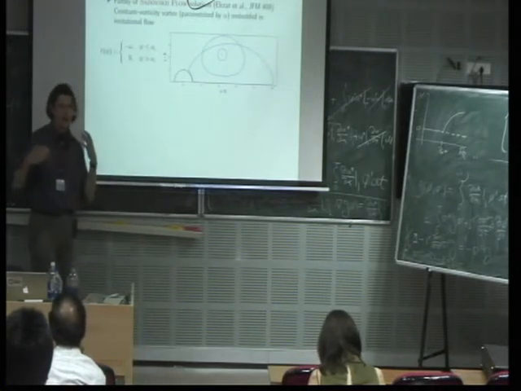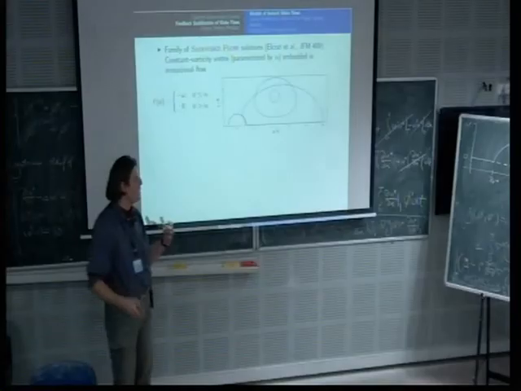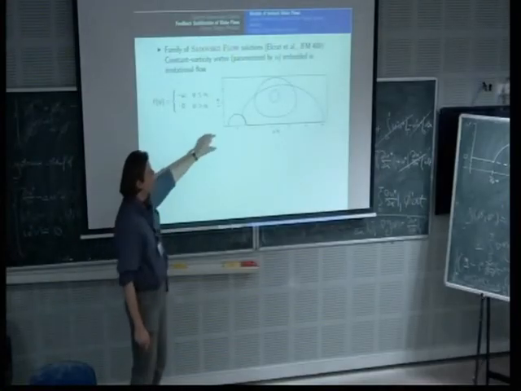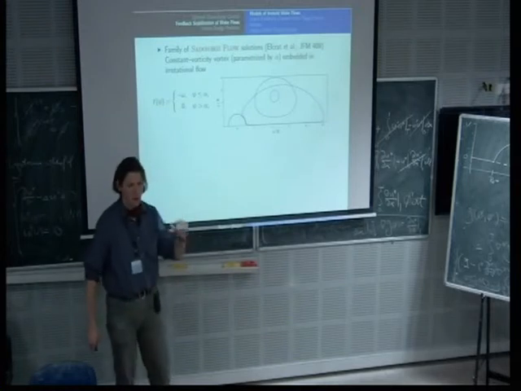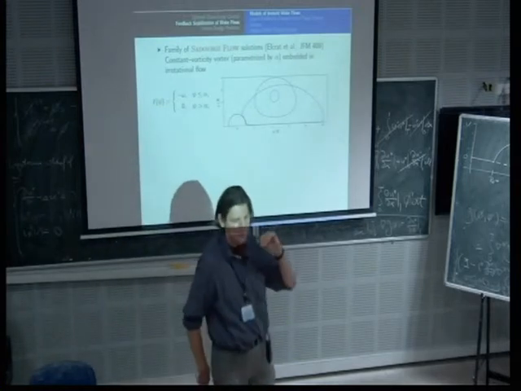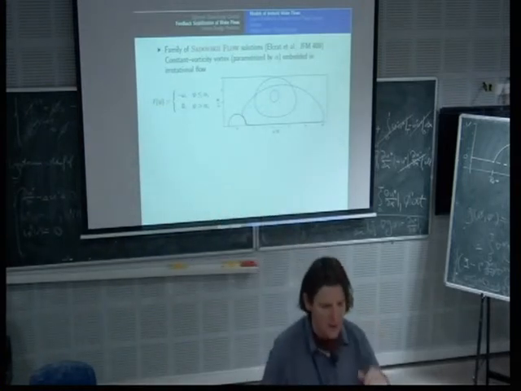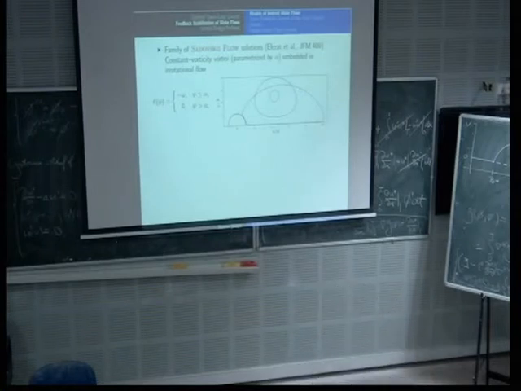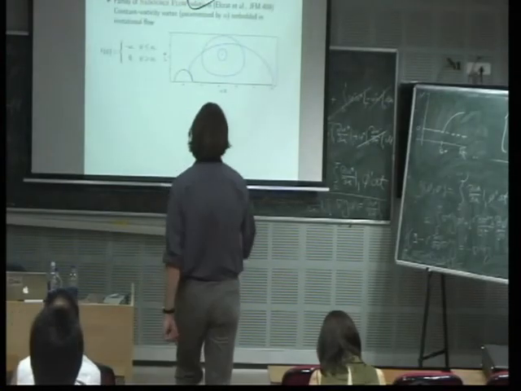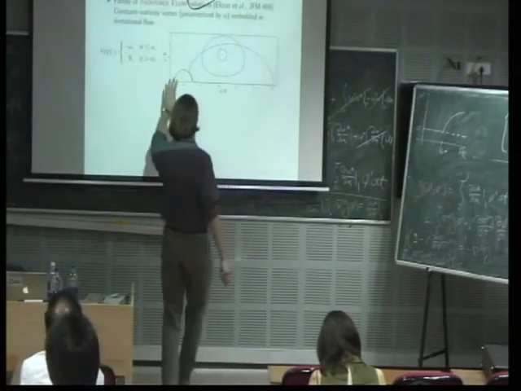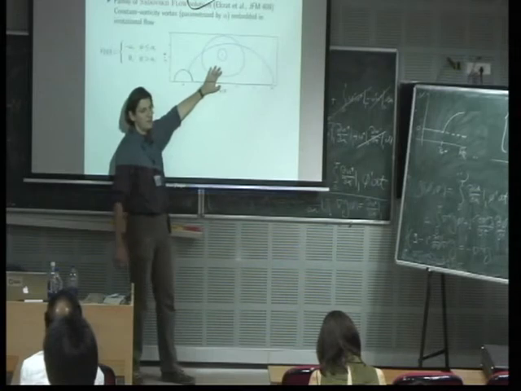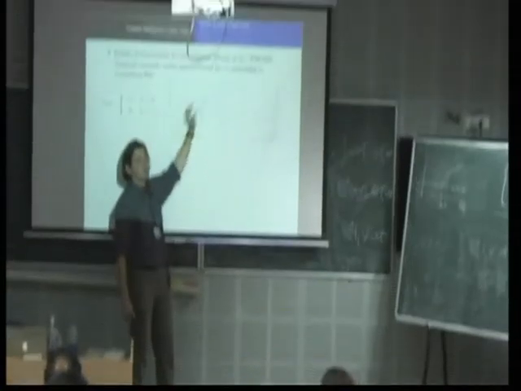What does it correspond to? Well, it corresponds to a compact region with finite area, with constant vorticity, which is embedded in otherwise potential flow. Okay, and those flows are known as Prandtl-Batchelor flows. Okay, so we have a vortex patch with constant vorticity and potential flow outside.